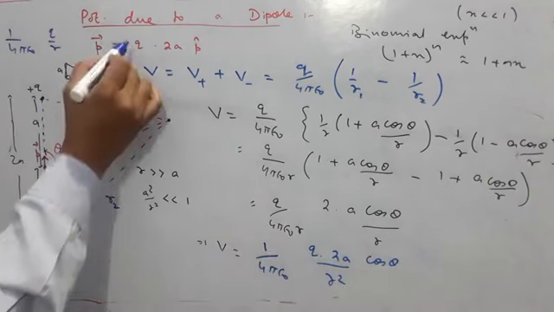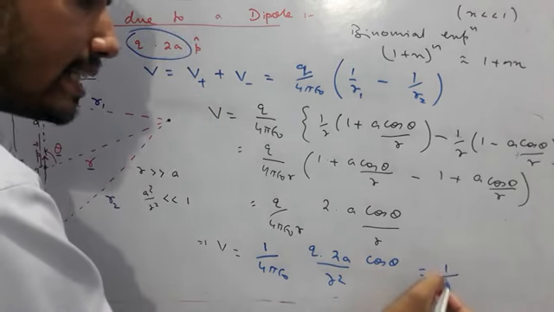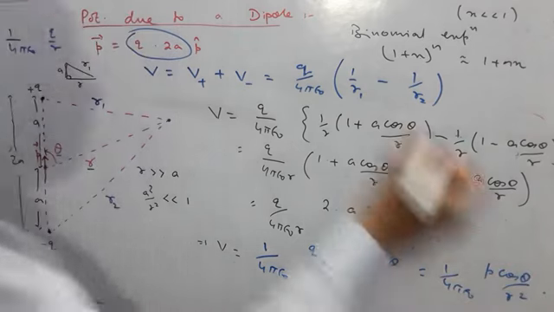But Q times 2a is the magnitude of the dipole moment vector. So I can write it as 1 by 4 pi epsilon naught P cos theta upon R square.